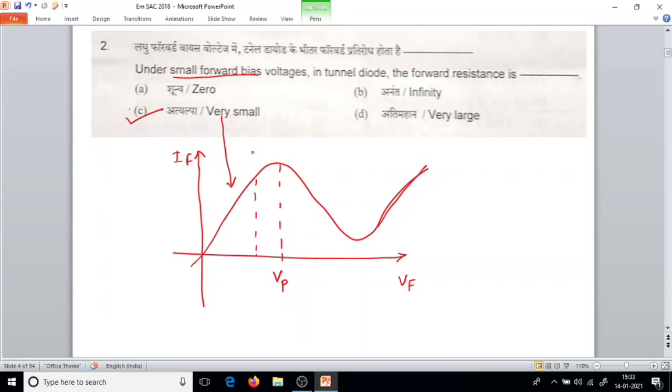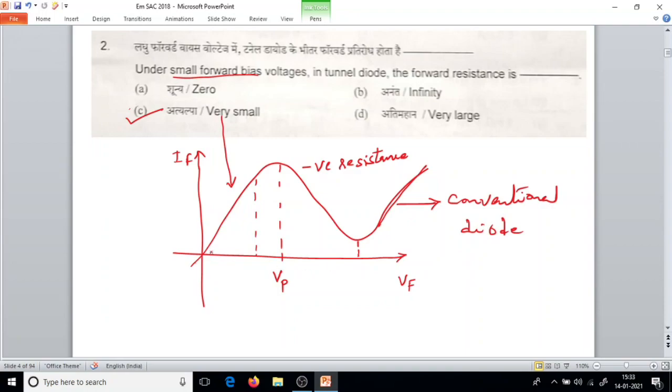From here to here, it exhibits negative resistance. The last part of the curve is just like a conventional diode.